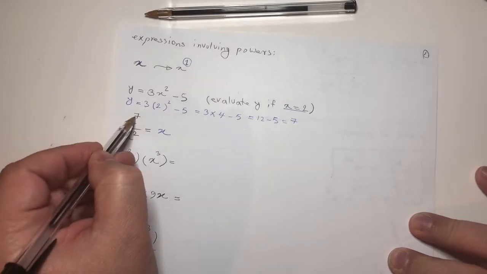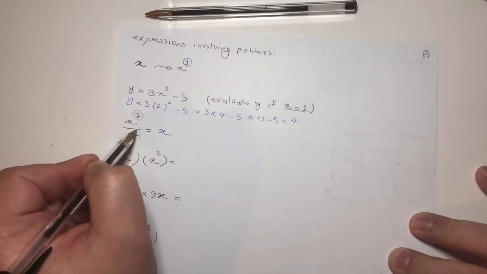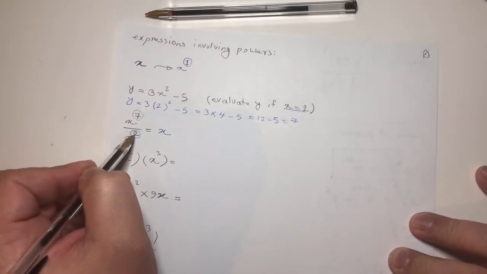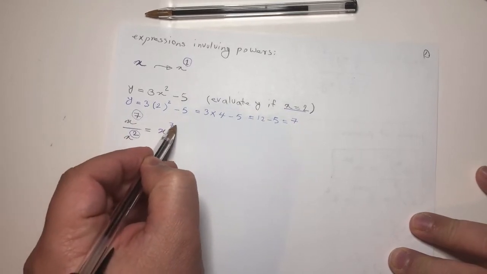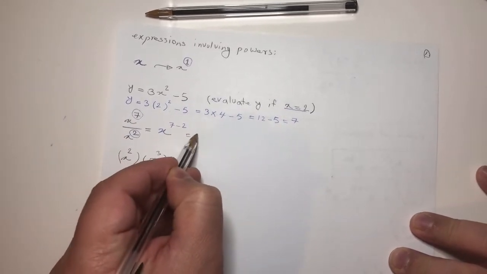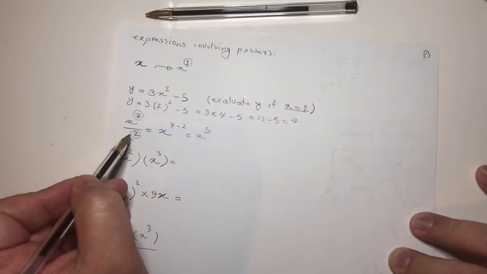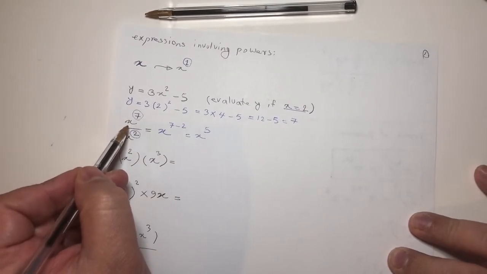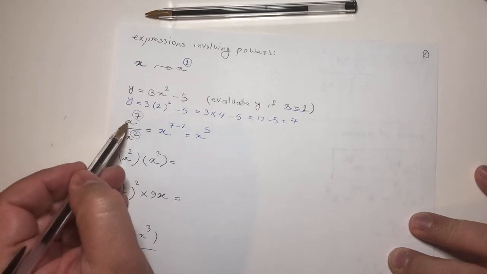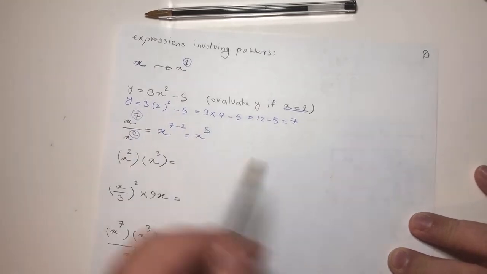And for the powers, we simply subtract 7 from 2, right? 7 minus 2, x to the power of 5. So the answer to this simplification question is x to the power of 5.